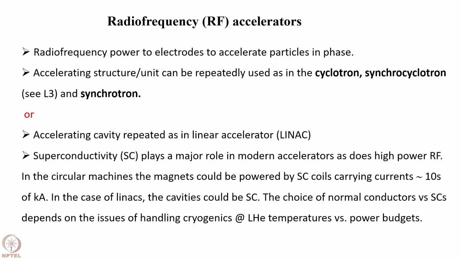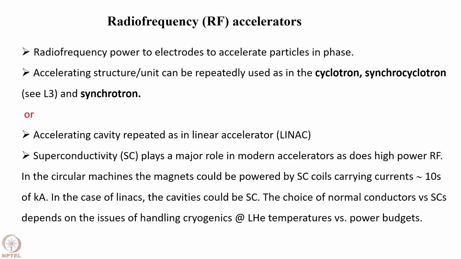In the case of linear accelerators, the cavities themselves could be superconducting, so that you have a cavity tuned to a particular frequency, and you apply a very small amount of RF power, and the voltages generated in this cavity roughly go like Q times the voltage that you apply.